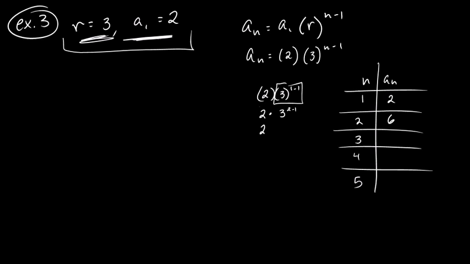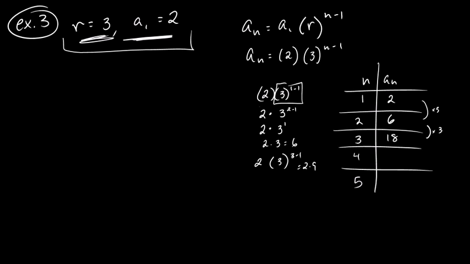I'm not showing my work here. I can. Alright, so that's 2 times 3, which is 6. Alright, that's me showing my work. For the third one, you would put in 2 times 3 to the 3 minus 1, so that ends up 3 squared, or 9. So that's 2 times 9, which is 18. Keep in mind, this is geometric, so that means every single time I'm multiplying by 3.